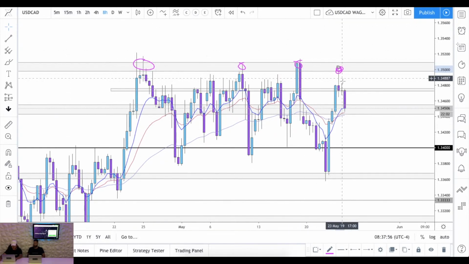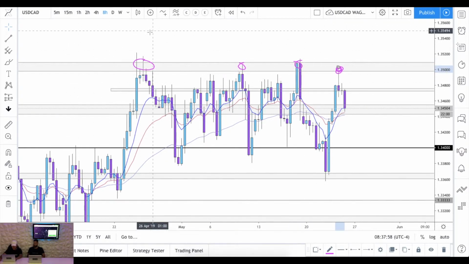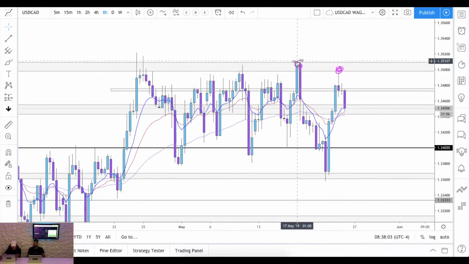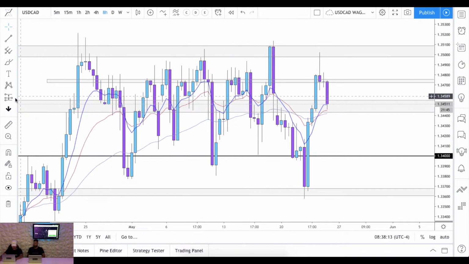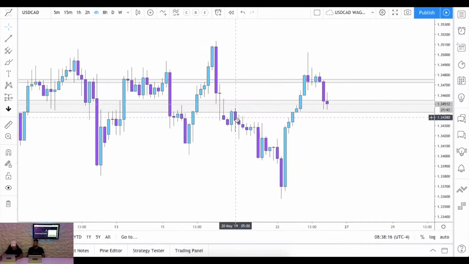And when I saw DXY going up, let's suppose that I was going to wait for the 4 hour candle closure in order to enter the market. So let's go to the 4 hour time frame. We were in the 8 hour.